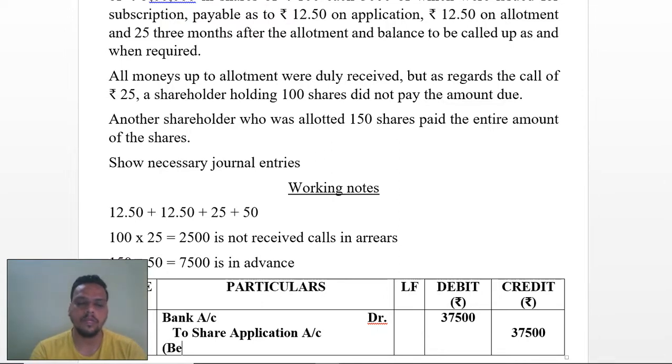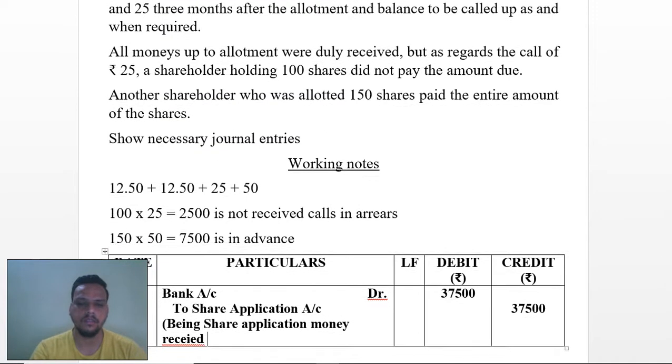Here you have to write: being share application money received at rupees 12.50 on 3,000 shares.